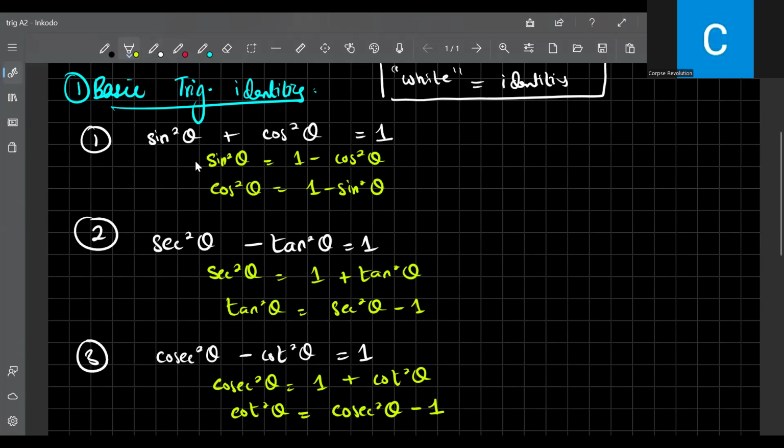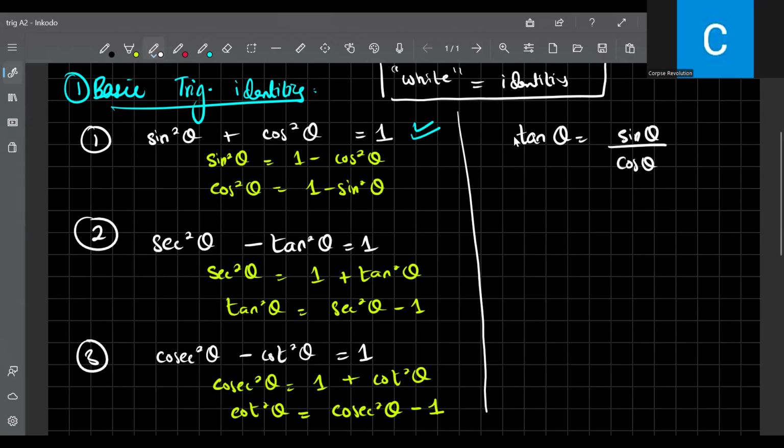And by the way, you must have studied the first identity in AS. These two and a list of more identities, which we are going to study later, are all new, which you have to learn once again. So let me just write some other basic identities as well. You must know tan theta is equal to sine theta upon cos theta.